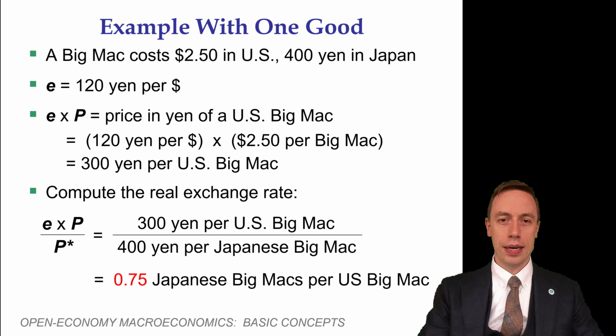You only have to pay 0.75 Japanese Big Macs to get one US Big Mac. That makes the US Big Mac relatively cheaper, the Japanese Big Mac relatively more expensive. And since this number, 0.75, is expressed in Big Macs, physical units, it's a real number.